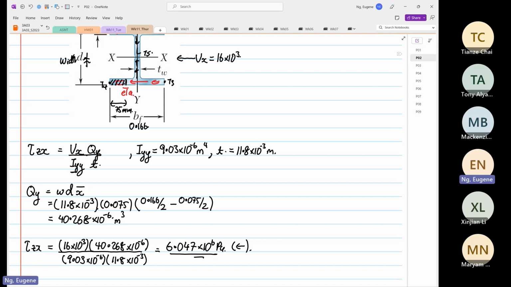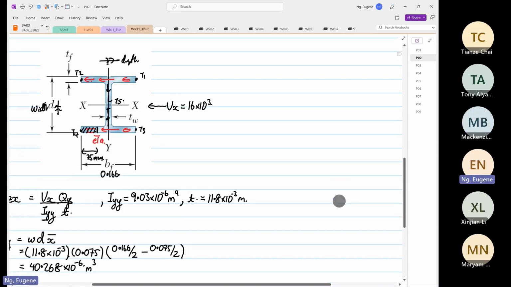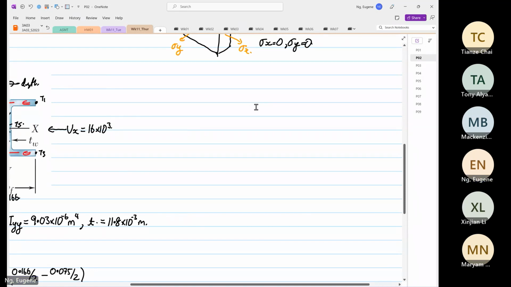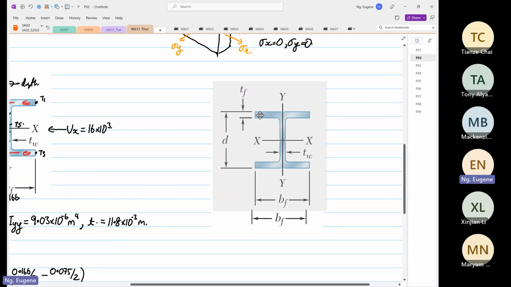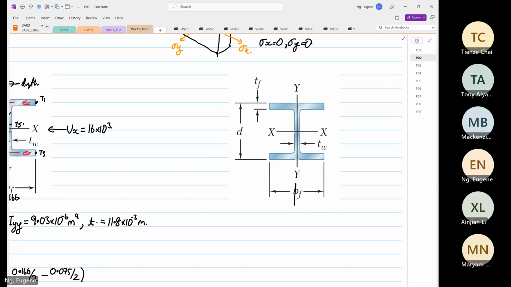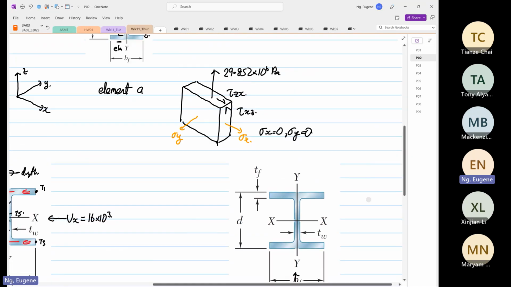Okay, now I'm going to do exactly at the side. And at the side, now we are going to do Vy. And we know that Vy, we did find out what the value was.